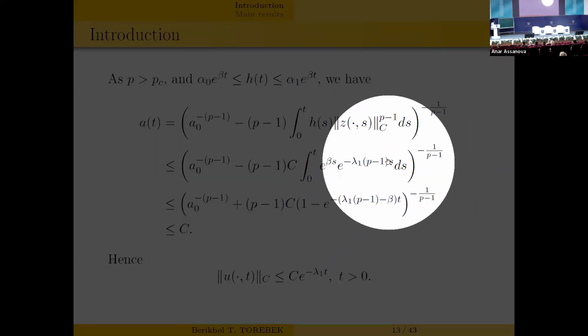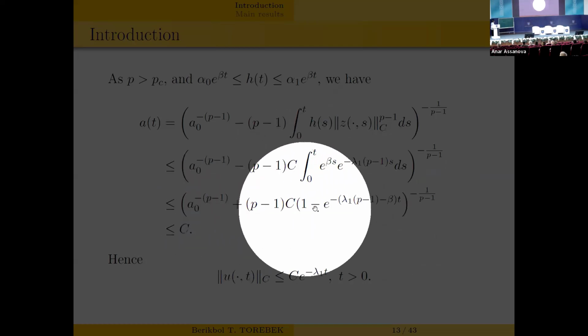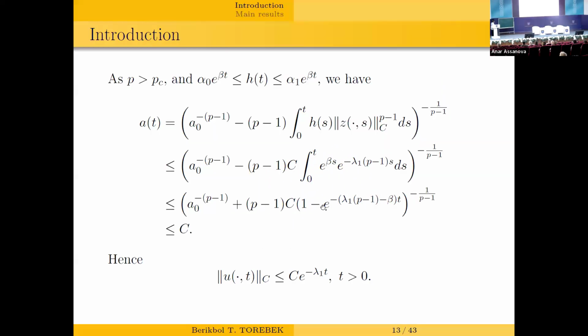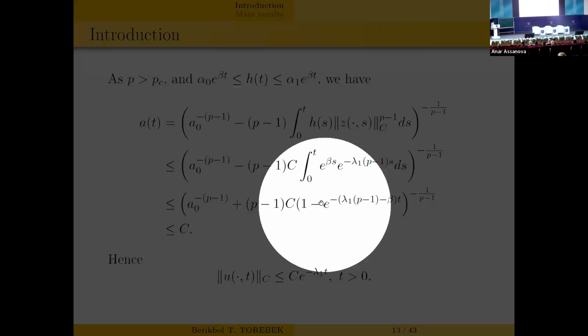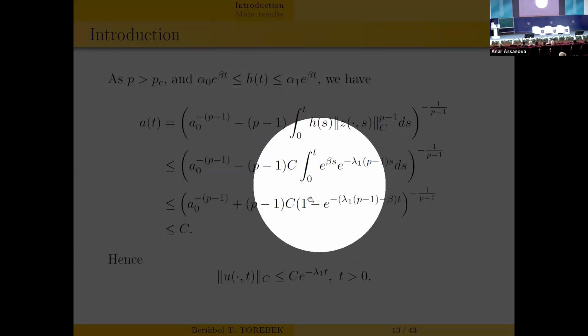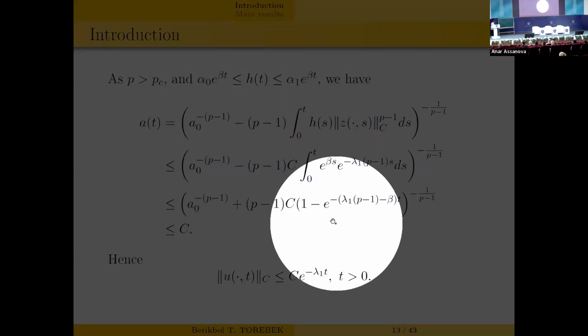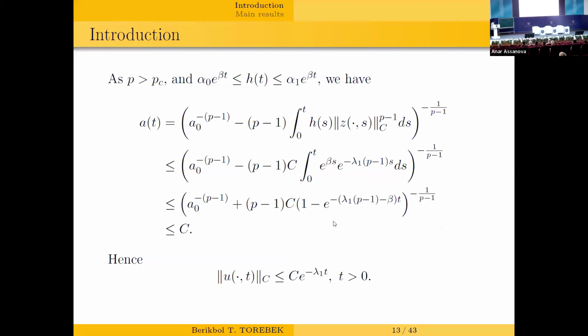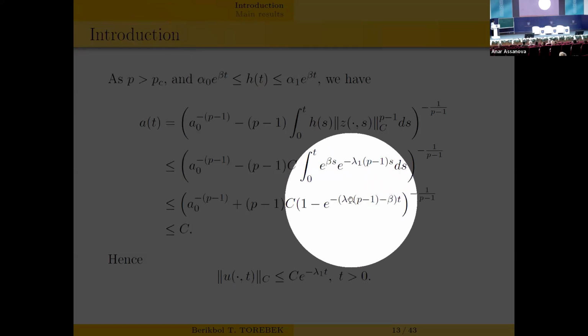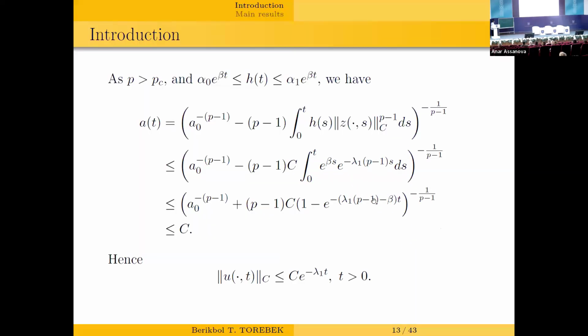Then we can rewrite this one by this one. We can calculate this integral, and we get this one, because if p satisfies this inequality, then this power will be negative, because p was like this.